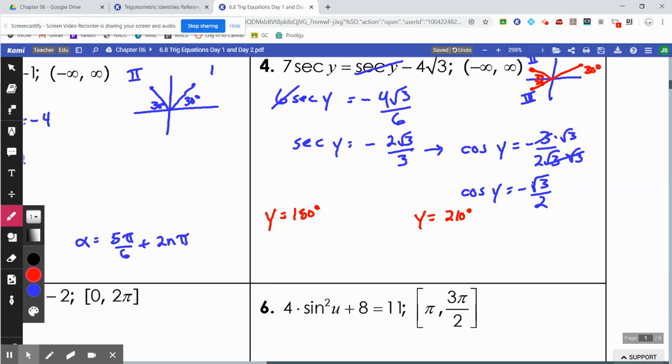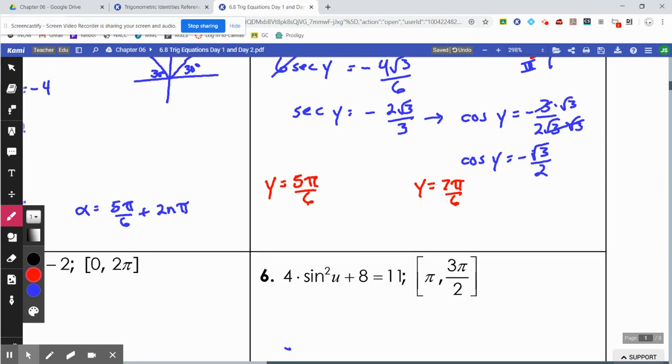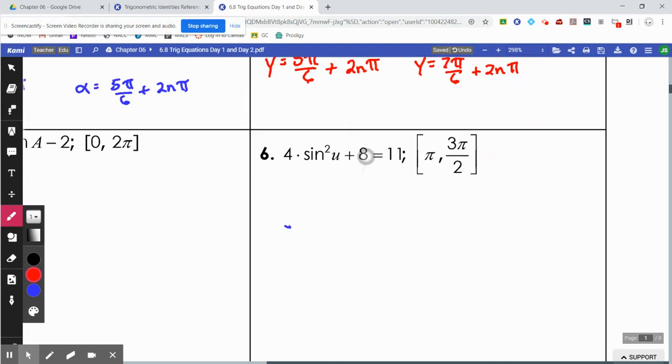Since they do have a reference angle of 30, 30 is pi over 6, so this one would be 5 of those, 5 pi over 6. And this would be 7 30s, so that would be 7 pi over 6. And those answers, again, occur plus 2n pi units. So there are your infinite solutions, actually.